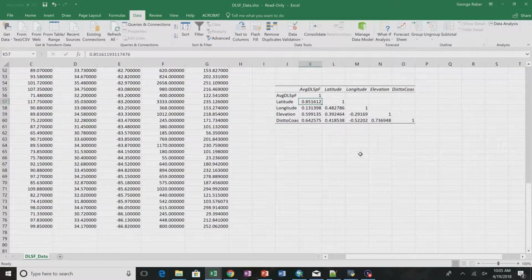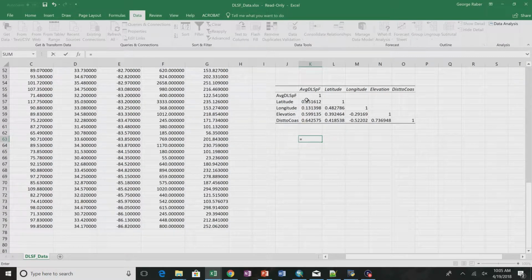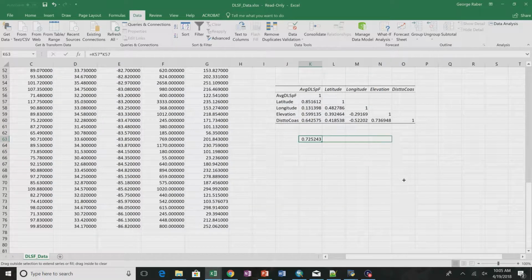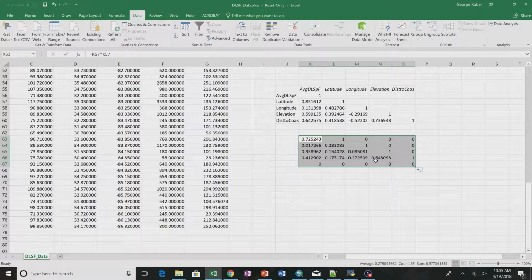So let's just look at that real quick. We could create a new column that says equals this times this, and fill that out. Let's delete these ones that don't matter.